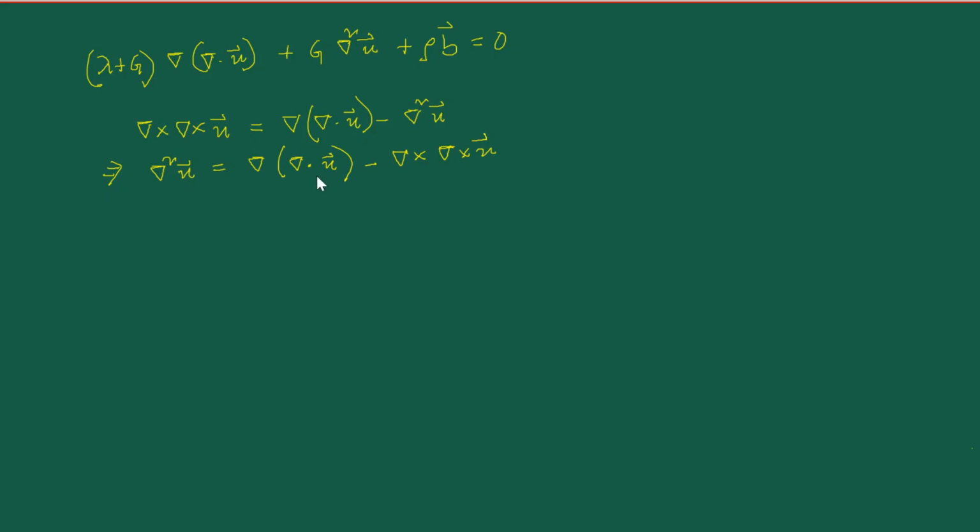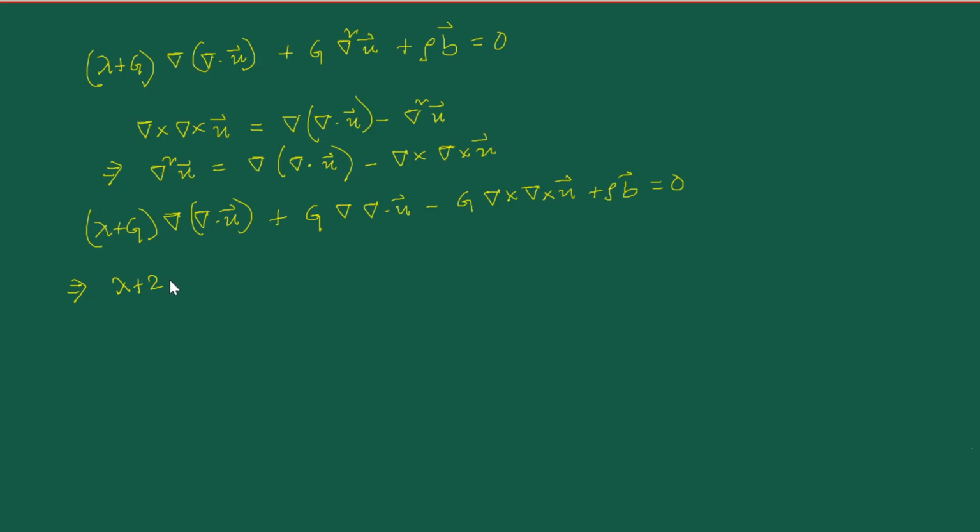So if I substitute this expression back here, just substituting this here, I get g grad divergence of u minus g curl curl of u plus rho b is equal to 0. And of course you see that this is the same term which is sitting here, so we can take that common.